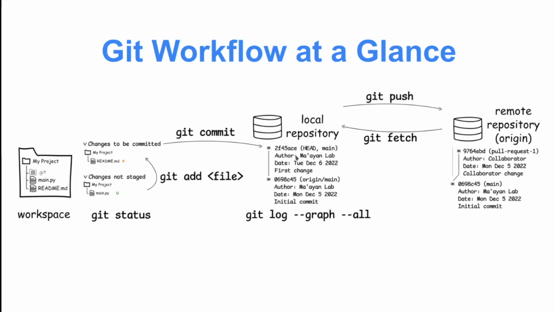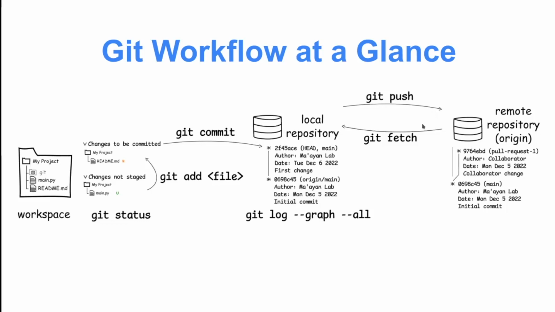Once you've made a commit, your changes have been captured in your local repository. These only exist on your machine. They're not on the internet anywhere. Then there's these two commands. There's git push, which will sync your local repository, which is this database of changes, to the remote repository, which in this case would be on GitHub.